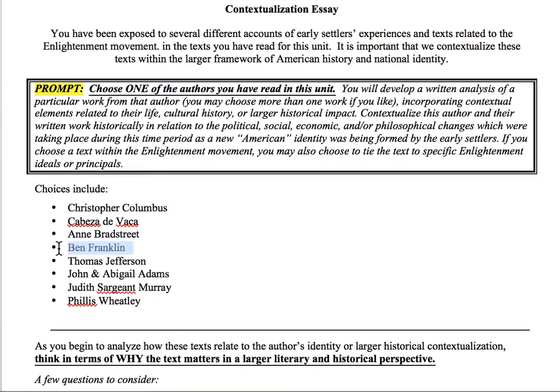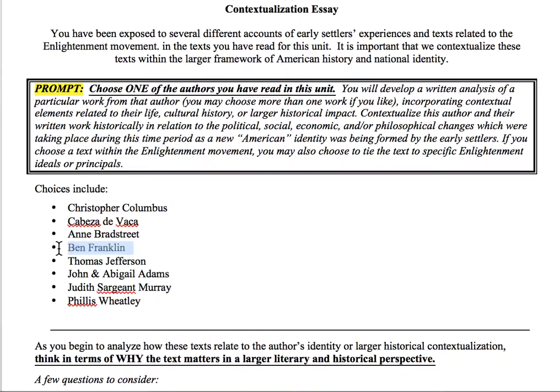Why was he addressing this particular audience? How did he do that with the structure of his text? So what about his texts targeted that audience? What about the language targeted that audience? What about the idioms, the examples, the analogies that he gave? And why was he trying to motivate them to believe a certain idea given the historical context of what was happening during the Revolutionary War?